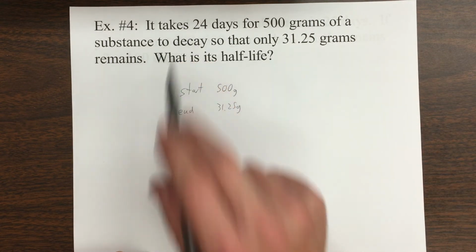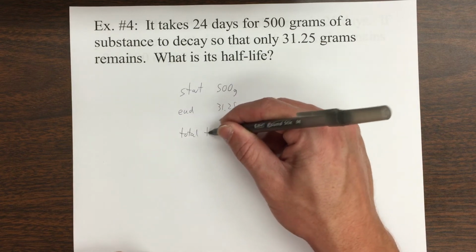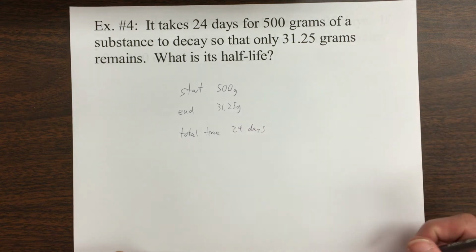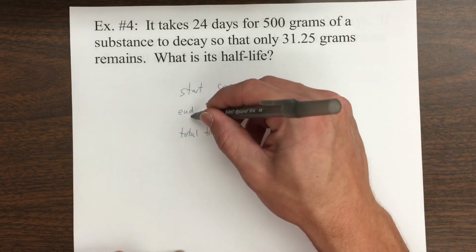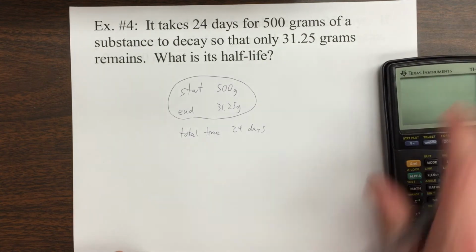We know we're going to allow it to decay for 24 days, so that is our total time. We don't know the number of half-lives yet, but anytime you have both the starting and ending, that will necessarily allow you to calculate how many times it goes through the half-life.